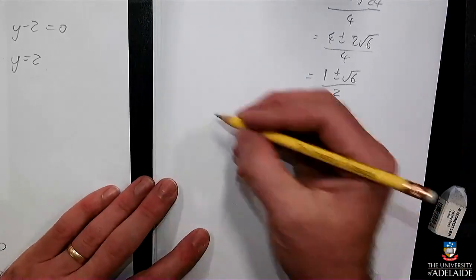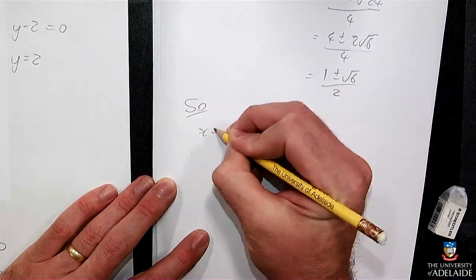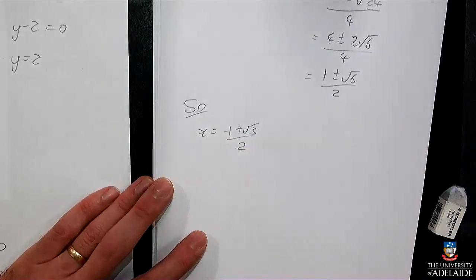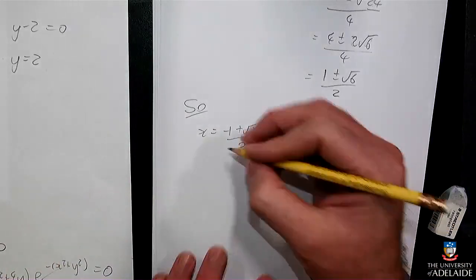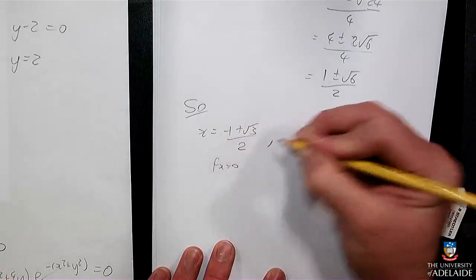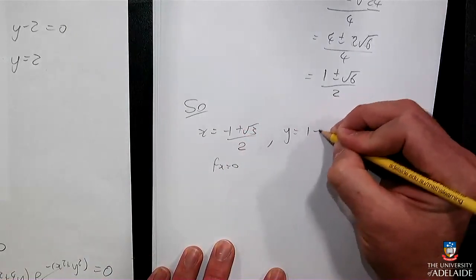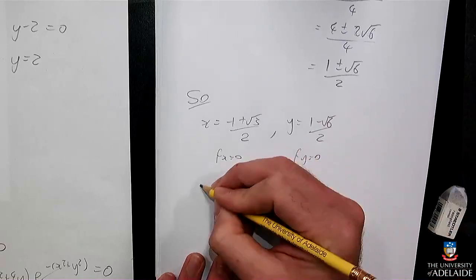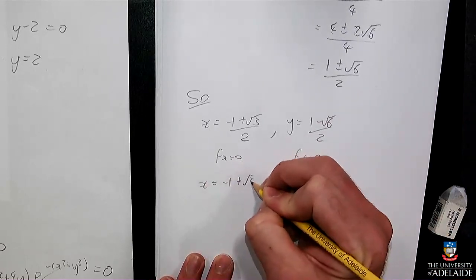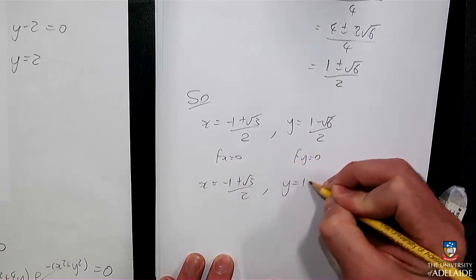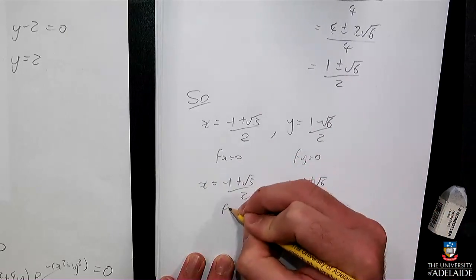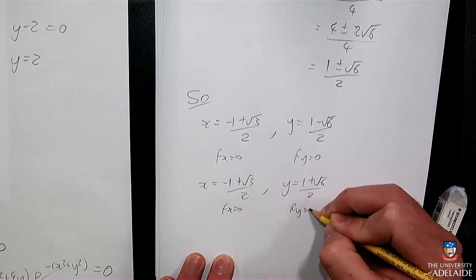So I could choose x equals minus 1 plus root 3 over 2 to make the f sub x 0, and y equals 1 minus root 6 on 2, which makes the f sub y equal 0. Or this makes the f sub x equal to 0 and this makes the f sub y equal 0.